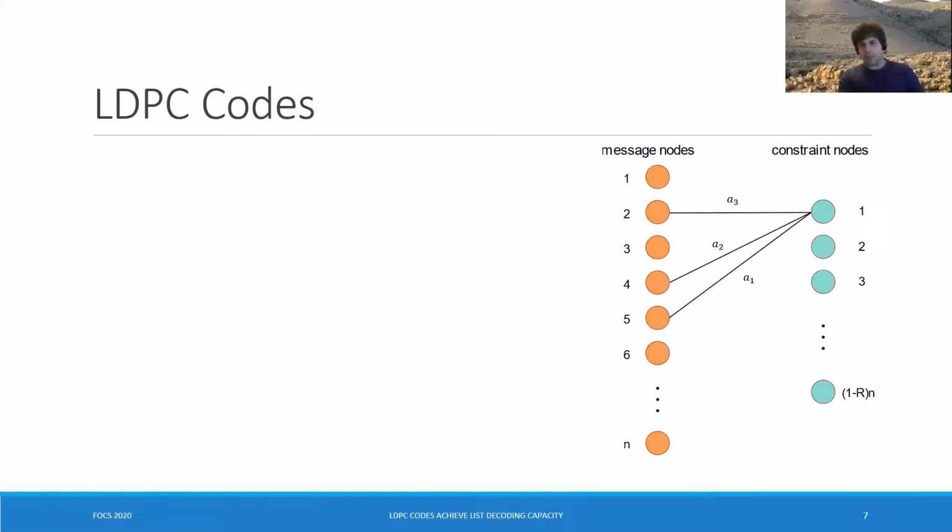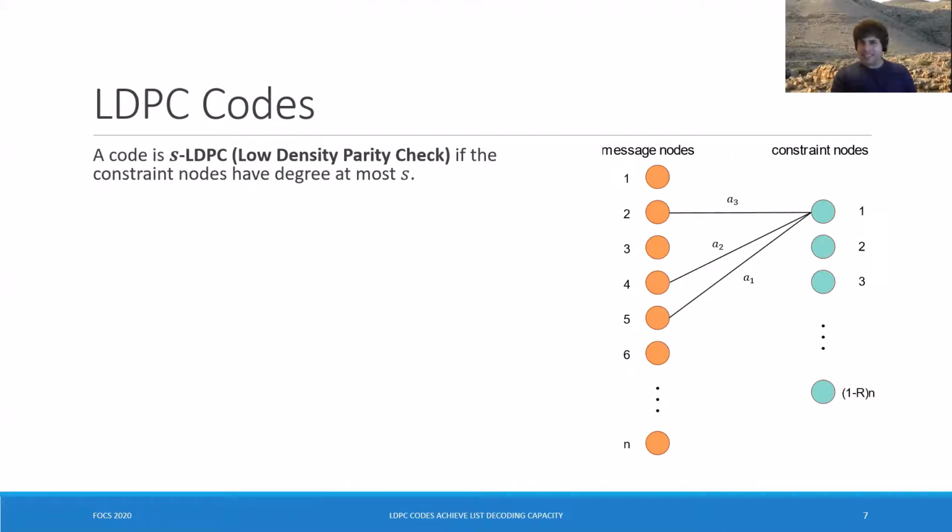To each constraint node, we assign a value that is the linear combination, with the corresponding edge coefficients, of the message nodes connected to that constraint node. For example, here, constraint node number 1 is a linear combination of message nodes 2, 4, and 5. We say that a word belongs to the code if, by writing it on the message nodes and then evaluating the values of the constraint nodes, every constraint node gets the value 0.